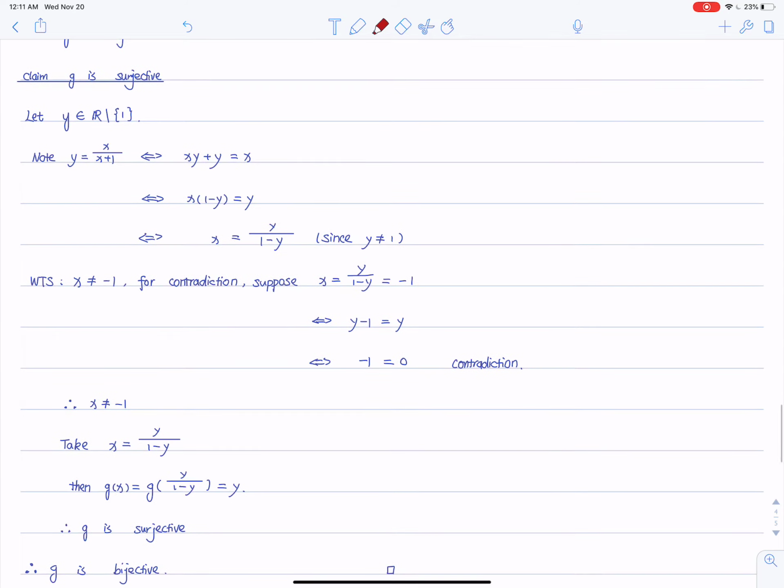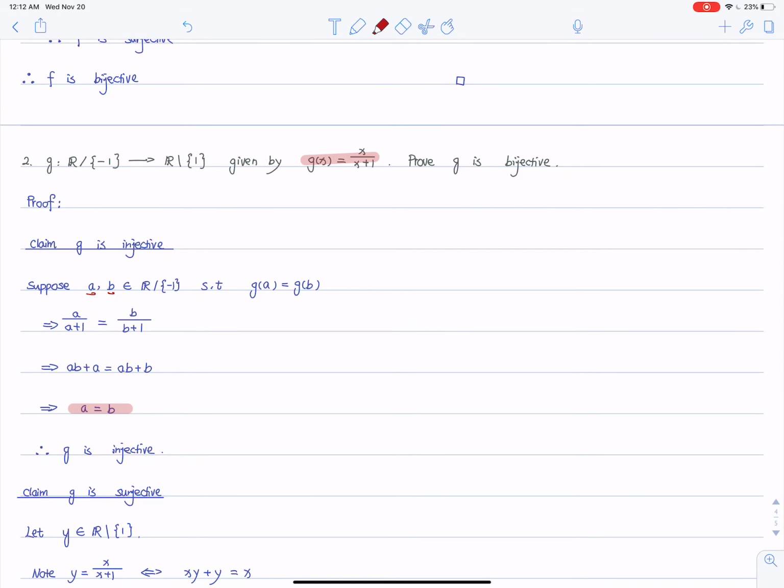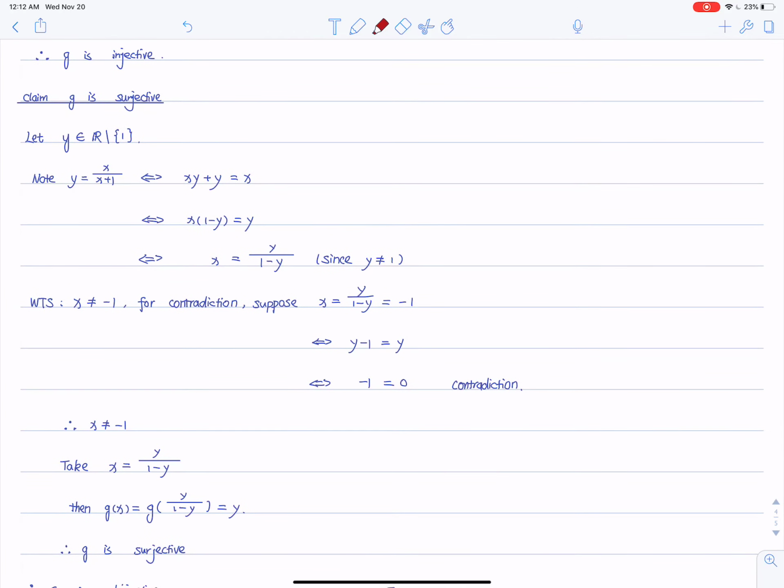So I take an element from your codomain here. Okay, this is your codomain. I take an element from your codomain and I manipulate this equation such that I isolate our x.